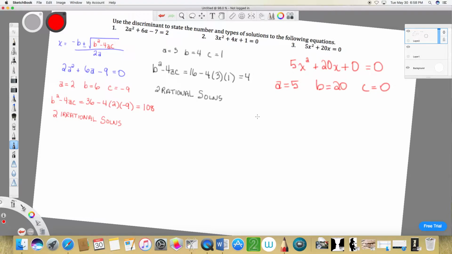So my discriminant is B squared minus 4 times A times C. B squared, 20 squared is 400, minus 4 times 5, but then we have times 0. So this is definitely a perfect square. It's B squared. It was 20 squared. So we know that the square root of that is 20. We know that there are two rational solutions to this equation.